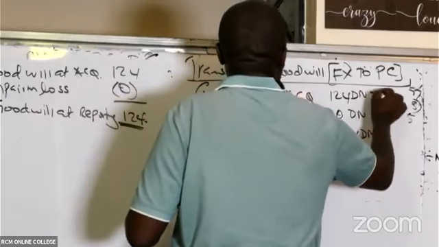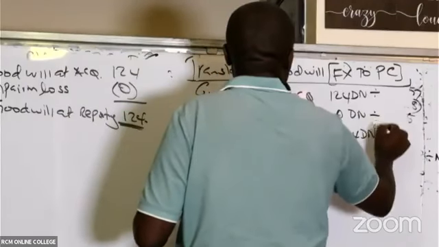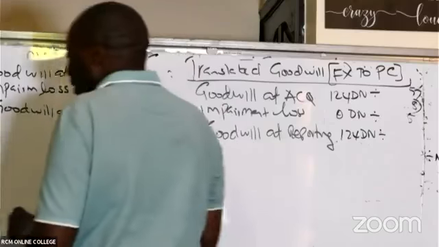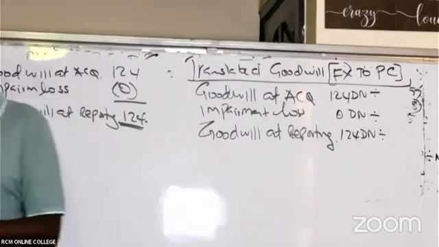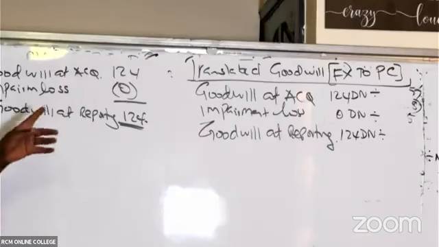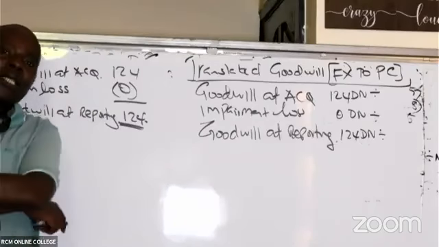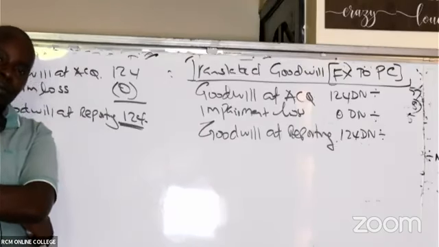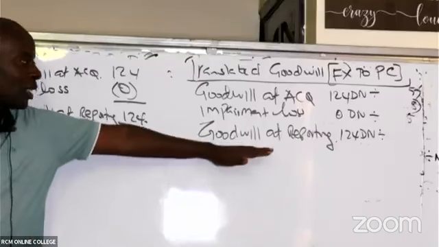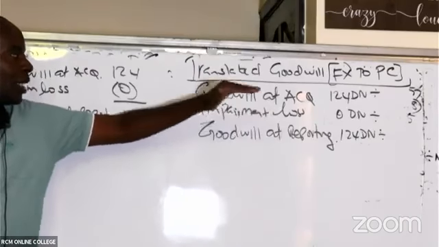Of course, I know most of the time I'll be dividing. So I want to translate the goodwill at acquisition to dollars. Which exchange rate do you think I will use? Here I use a different exchange rate.